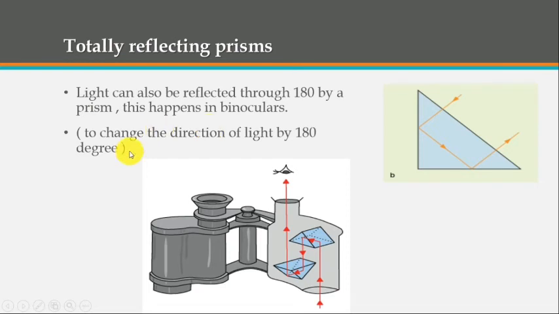So where do we use this type of prism? In binoculars. Do you know these binoculars? We use these types of prisms in binoculars because the light enters from this side and I change the direction of light by 180 degrees.